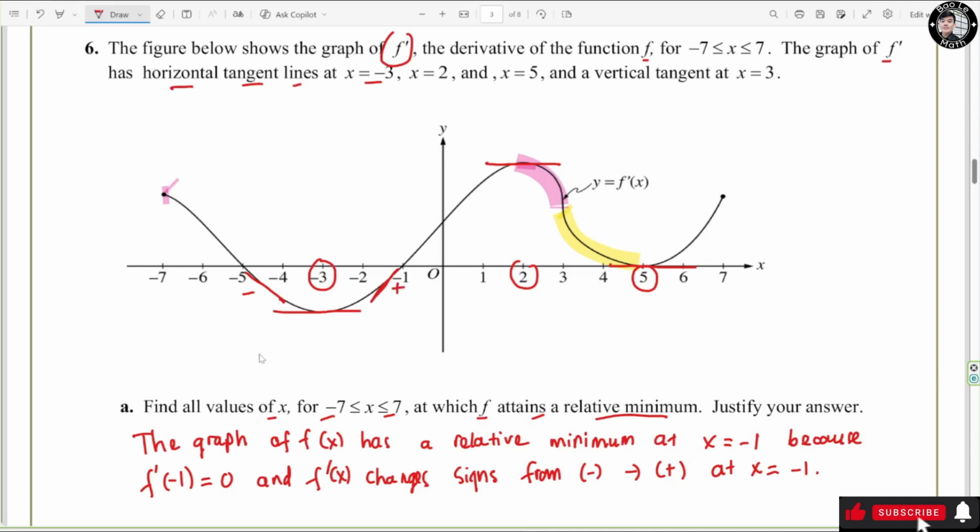So which means the sign of f double prime changes from negative to positive. Similarly, this one right here, positive. This one right here is negative, right? Now for this one right here, it's going to be negative, and this one right here is going to be positive, right? So the sign of f double prime changes at s equals -3, 2, and 5, right?